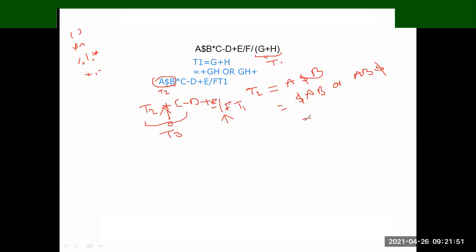T3 equals T2 star C, that is star T2C in prefix, or T2C star in postfix. Clear? Just write this in this example: T3 minus D plus E by F T. Sorry, here in between there is a by.